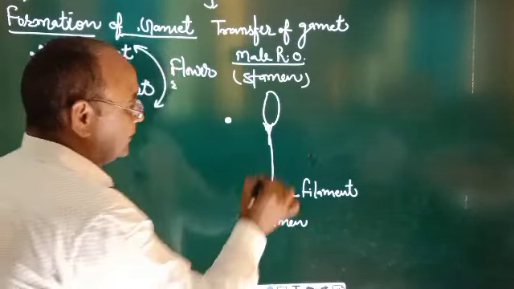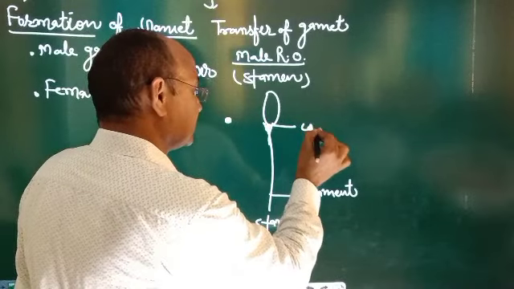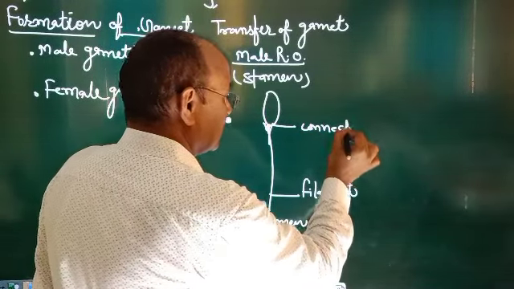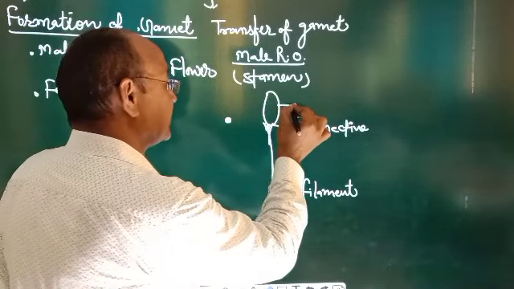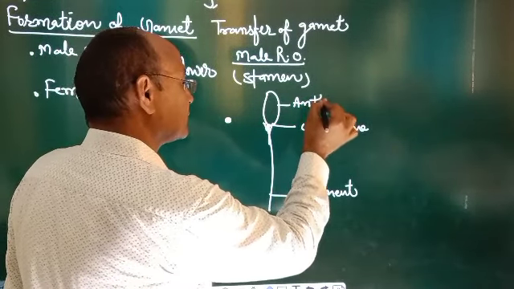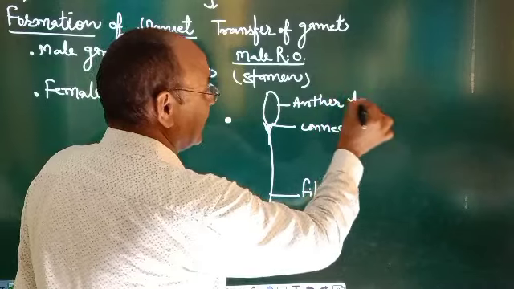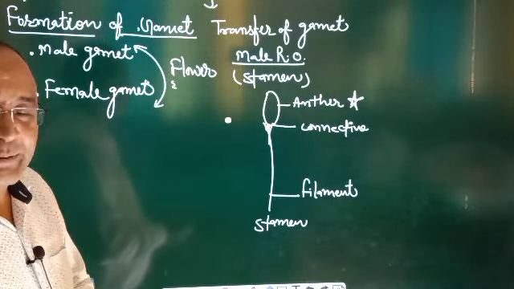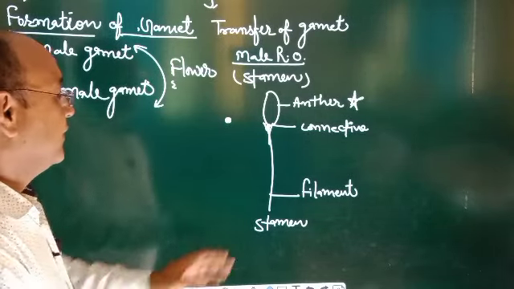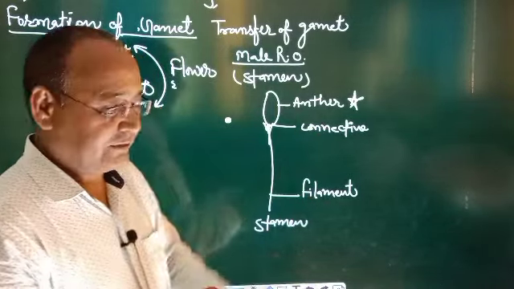Second part is connective, and third part is anther, and it is most important part of stamen. So stamen is divided into three parts: filament, connective and anther.